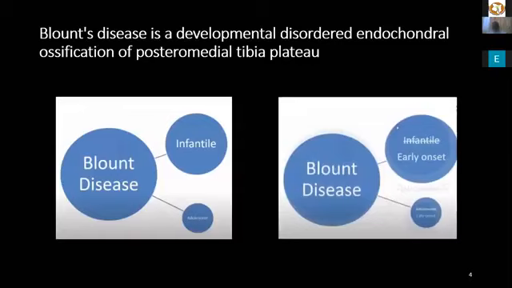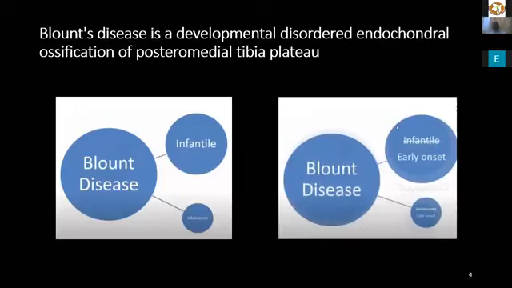Blount's disease, the definition we can say, is a developmental disorder of endochondral ossification of the posteromedial tibial plateau. In the old terms, Blount's disease is categorized as infantile and adolescent.